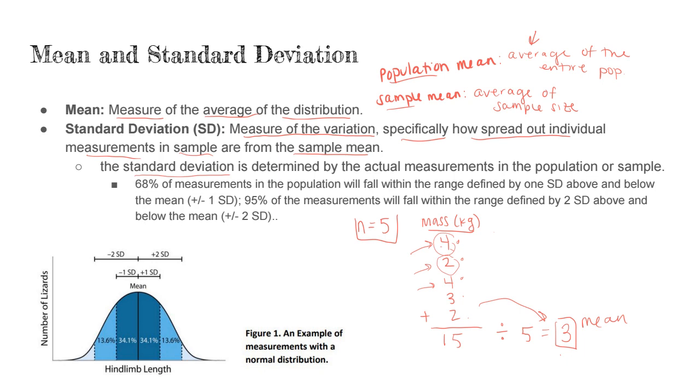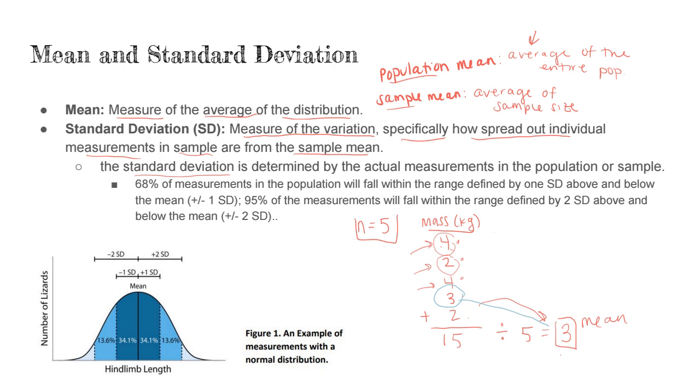What is the variation between these measurements and the mean? This individual right here, for example, would have a deviation of 0 because it is not spread out at all from the mean; it equals the mean.